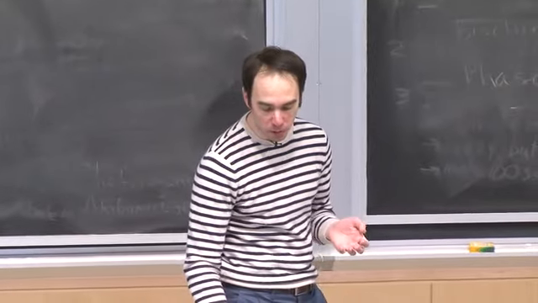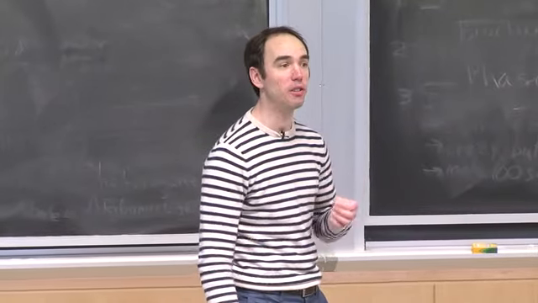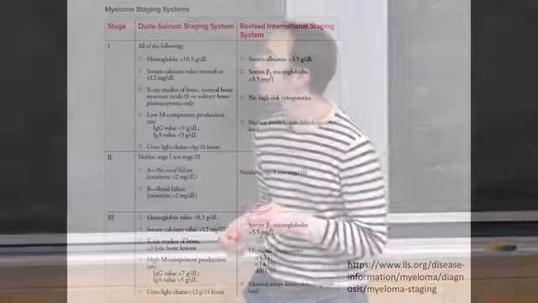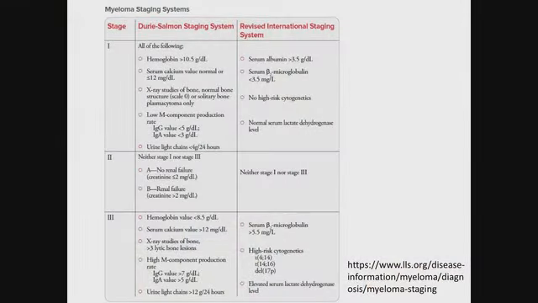So for multiple myeloma, today's standard for how one would attempt to stage a patient looks a little bit like this. Here I'm showing you two different staging systems. On the left is the Durie-Salmon staging system, which is a bit older. On the right is what's called the Revised International Staging System.